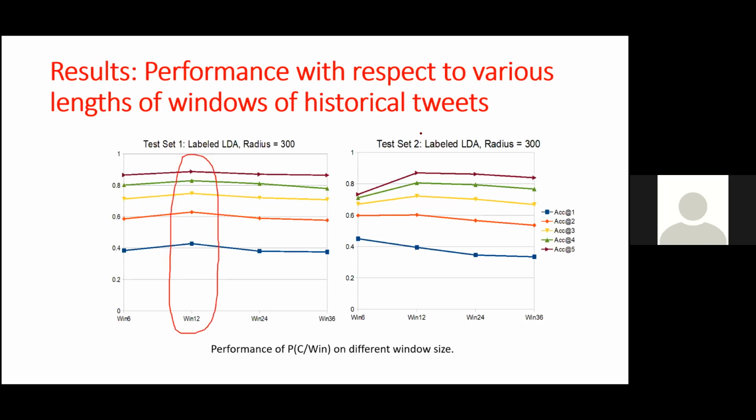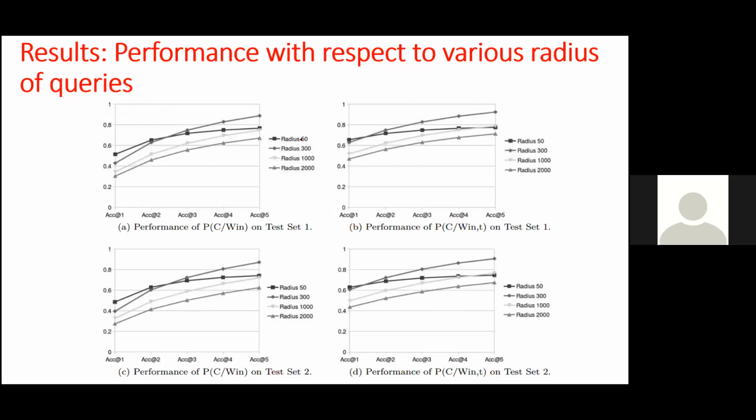Then this is for different radii. We found that for radius 300, we always get a better result in all cases, whether it is category versus time, and for both test data sets, test 1 and test 2. The reason is that radius 300 is approximately the distance a person can walk.